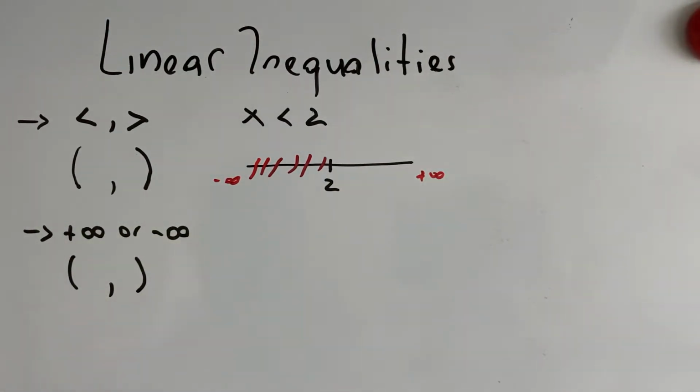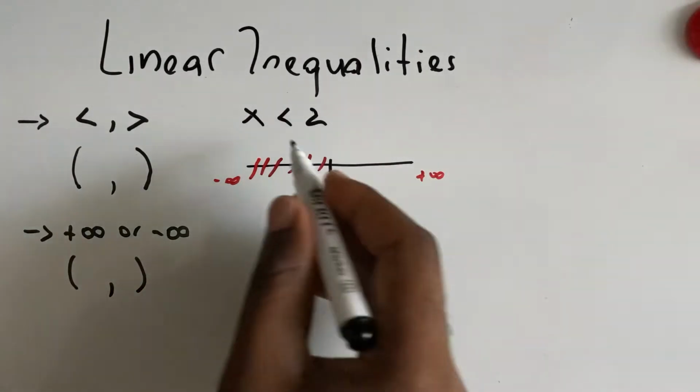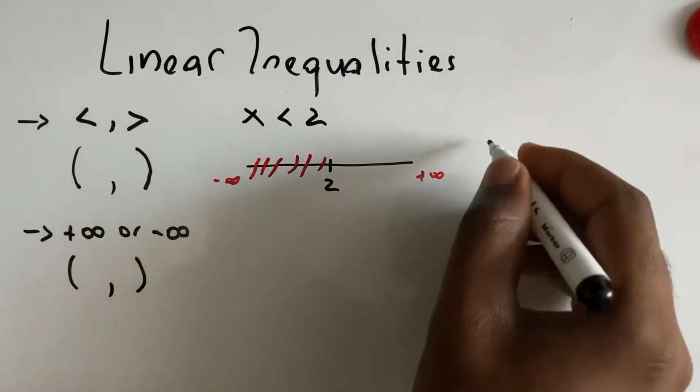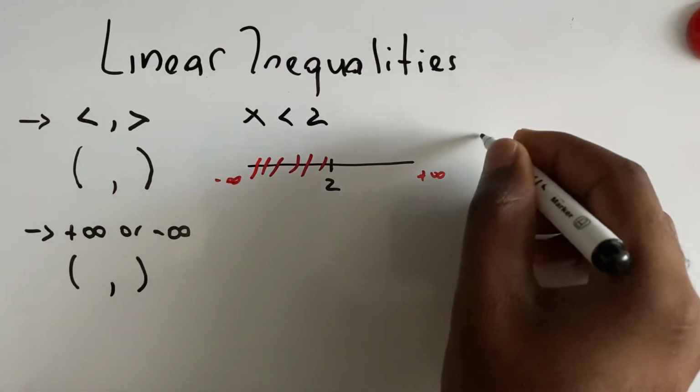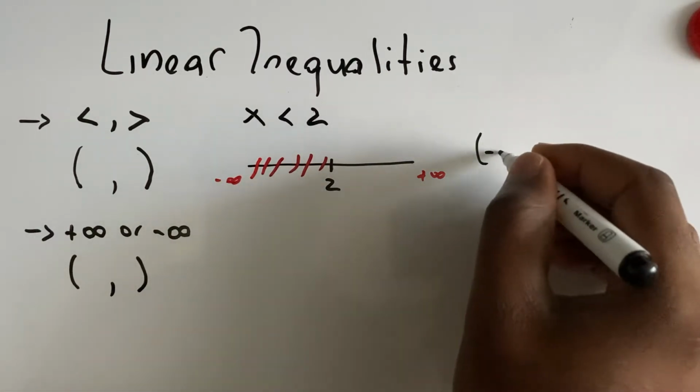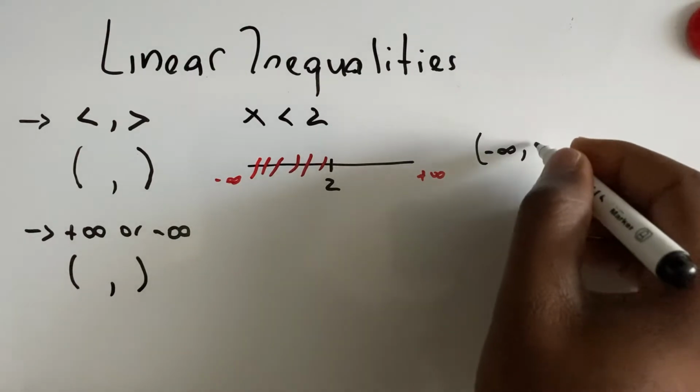So if it's less than 2, you're on the left of 2. So to write the interval notation in this case, for x less than 2, it will be from negative infinity to 2.